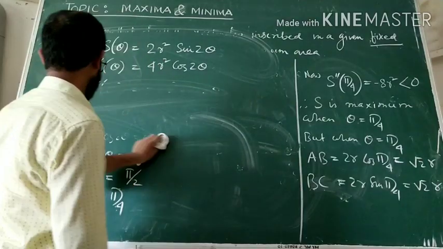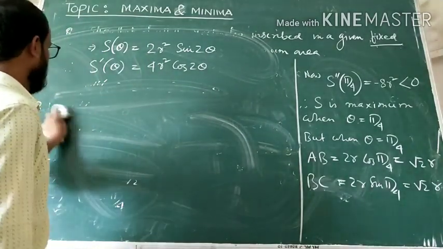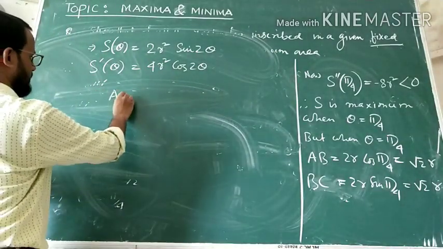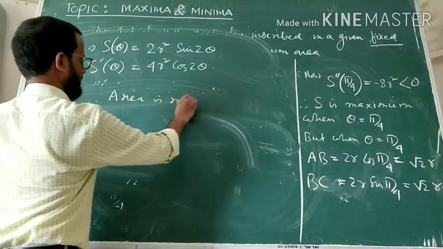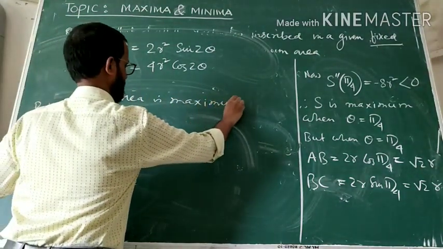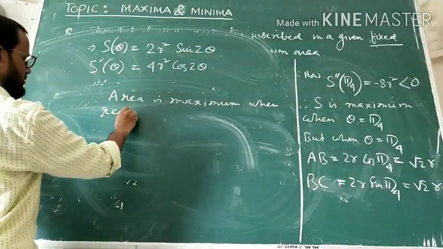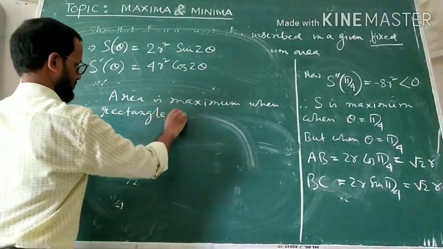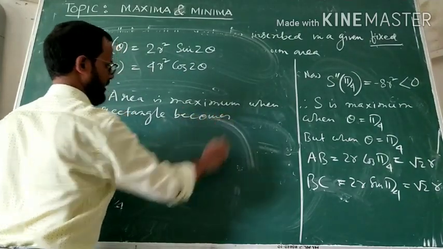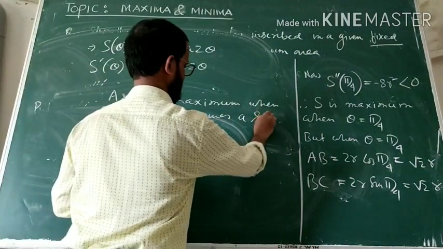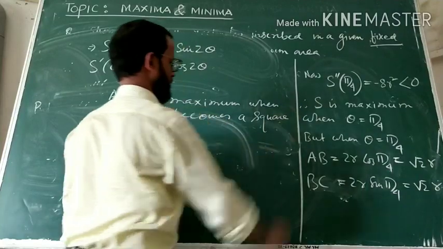So finally you can write, therefore, area is maximum when rectangle becomes a square.